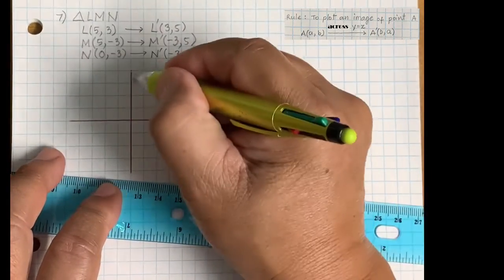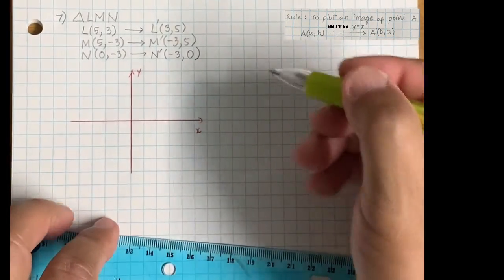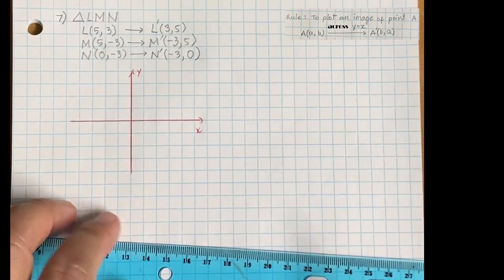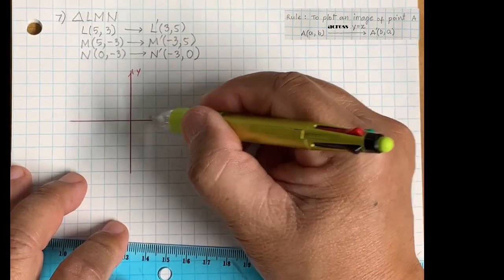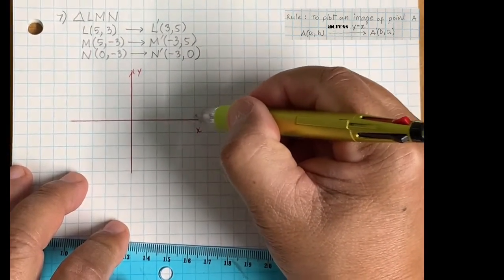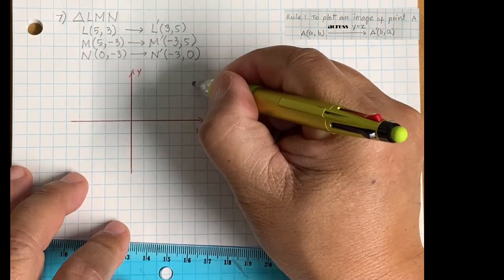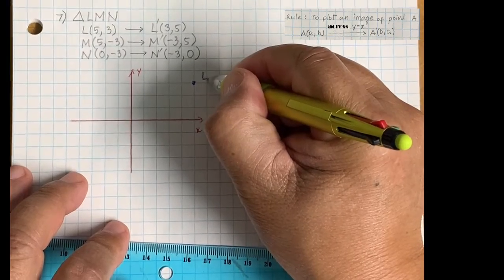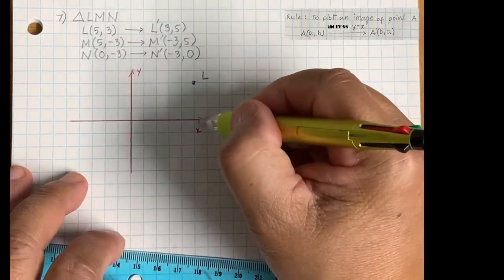So this is the y-axis, this is the x-axis. Okay, so 5 and 3: 1, 2, 3, 4, 5, 1, 2, 3. So that's L. M is 5 and negative 3.